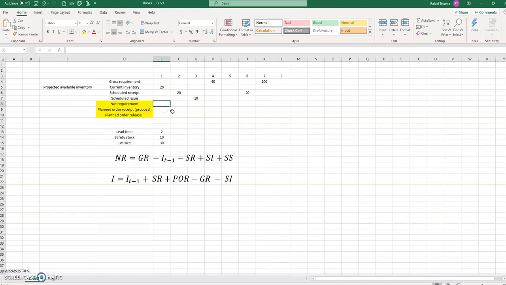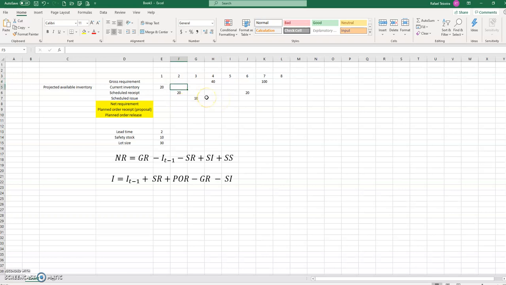Net requirement for week 1, there's no net requirement because we don't have any gross requirement, and we already have the current inventory. Let's move to week 2. No net requirement because we don't have any gross requirement, but we have to compute the current inventory.